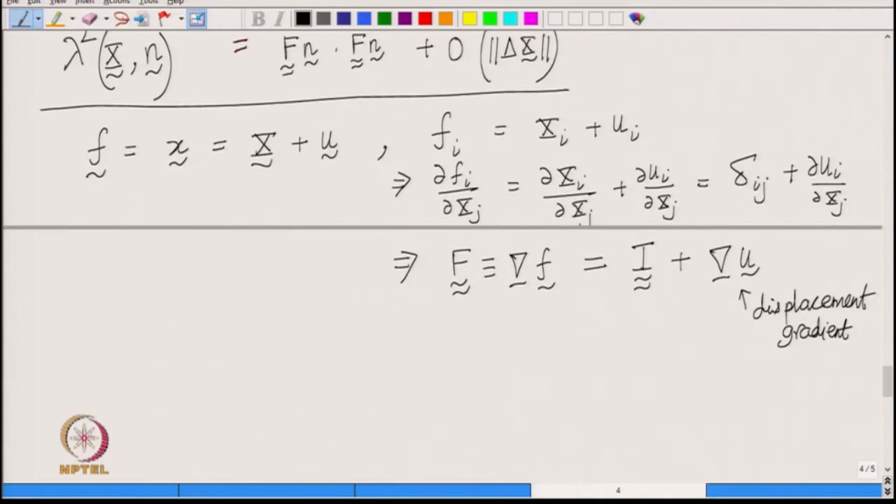Okay. So, we can bring this formula for deformation gradient in terms of displacement gradient in the above notation for stretch.